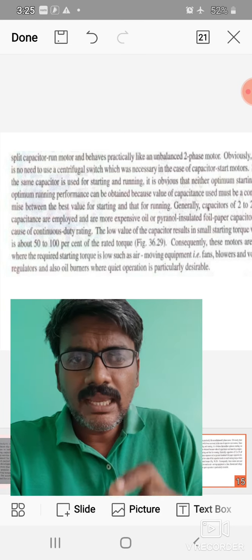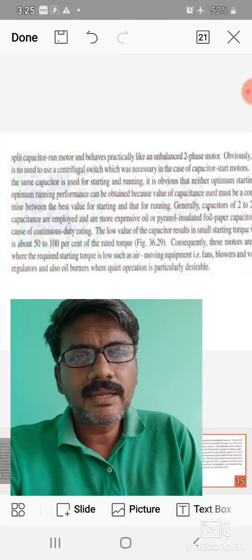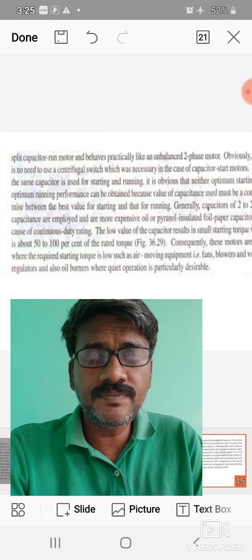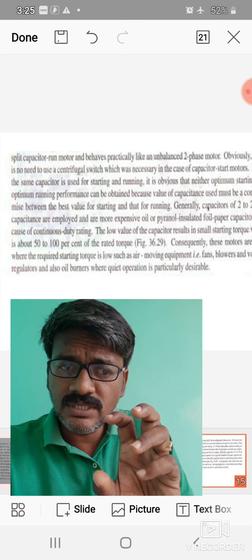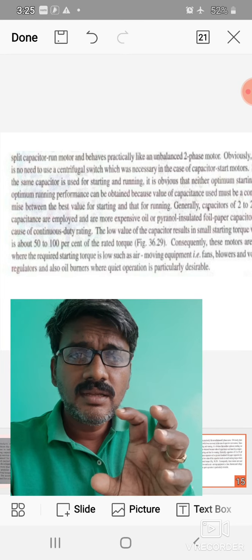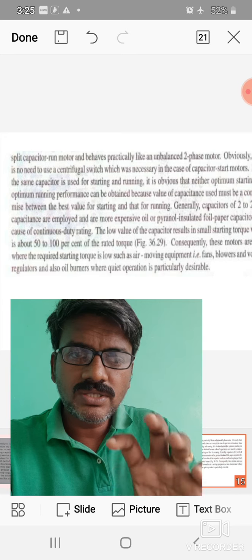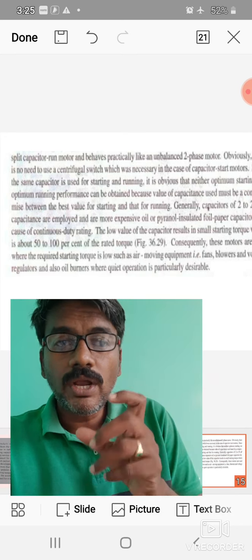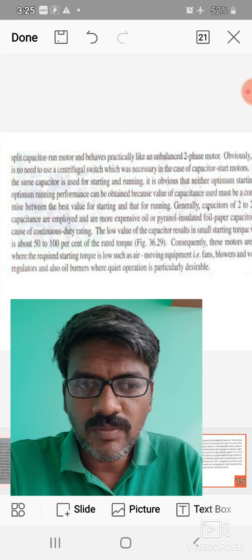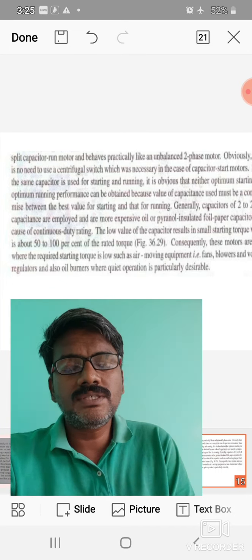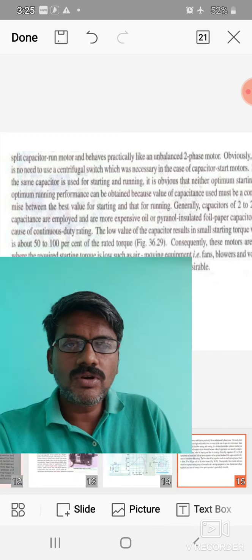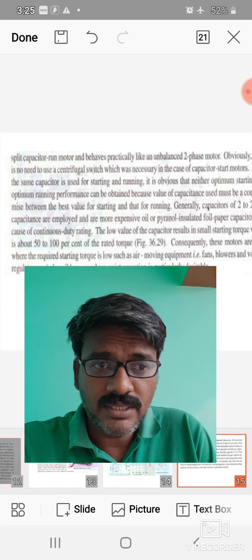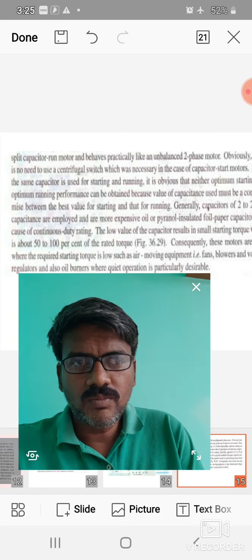So it is just like an unbalanced two phase motor, right? Because of this we get some jerk in the torque, but a quiet operation. Because the capacitor is continuously connected in the circuit, we get a quiet, noiseless operation of the motor. This is obtained by using a capacitor run motor, that is, a single value capacitor motor.